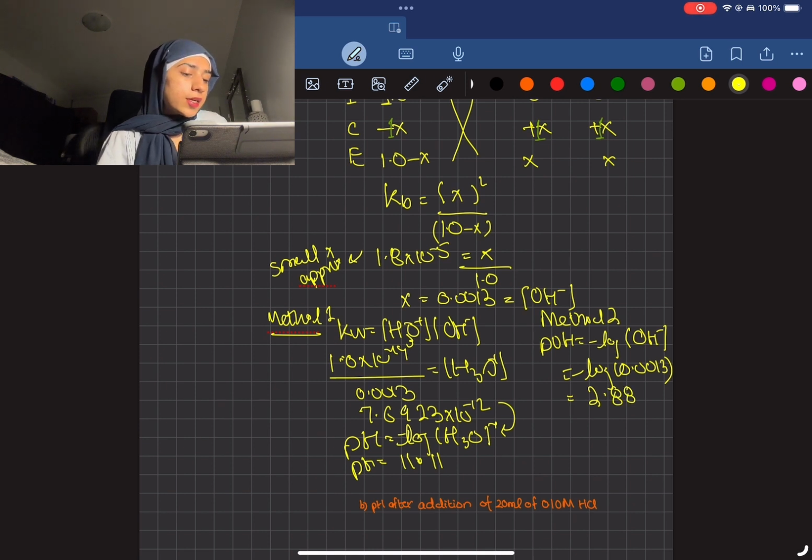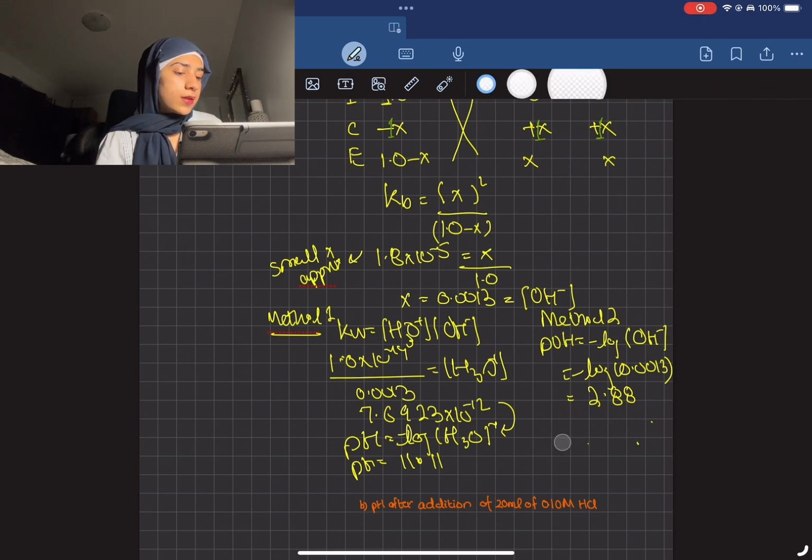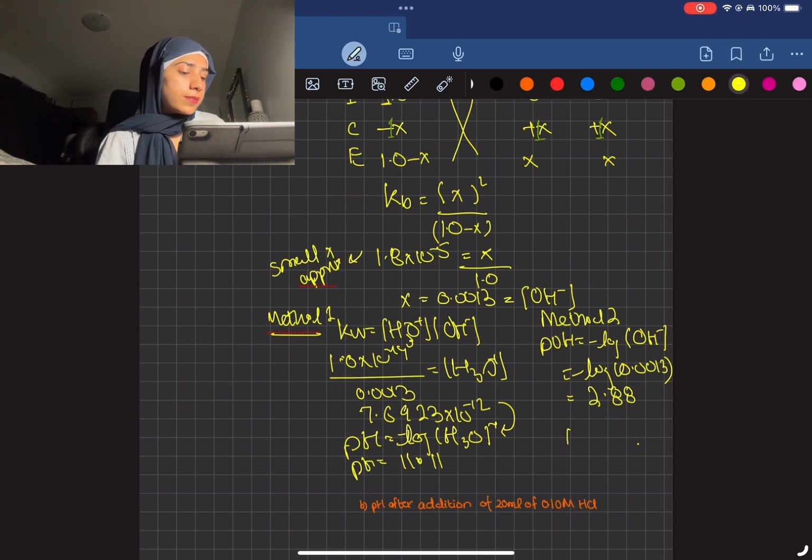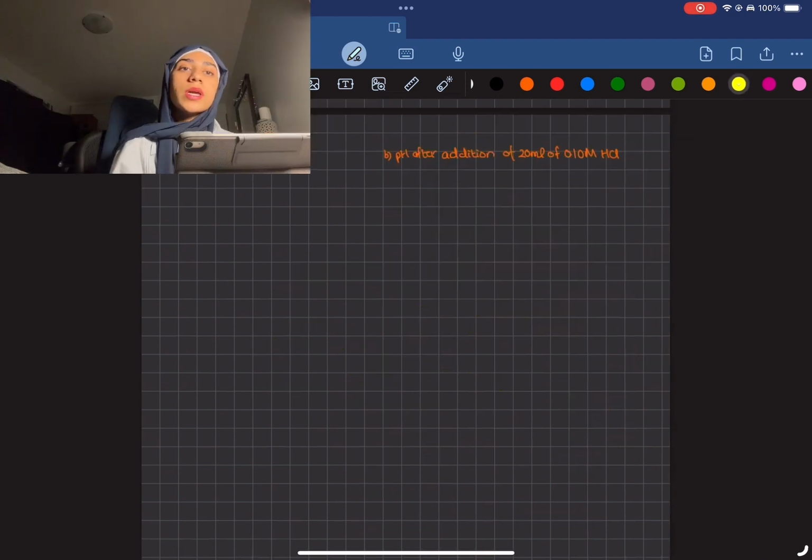Now from here, you know that the pH scale goes up to 14. So pH plus pOH equals 14 and pH would equal 11.11. You get this? That's it. So now we'll look at part B of this question and try solving it.